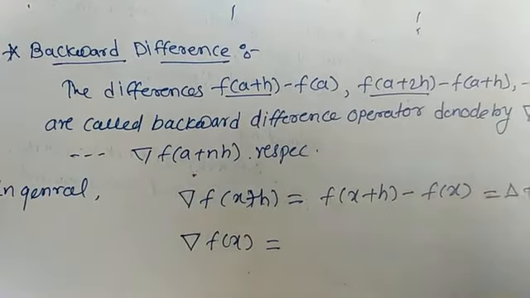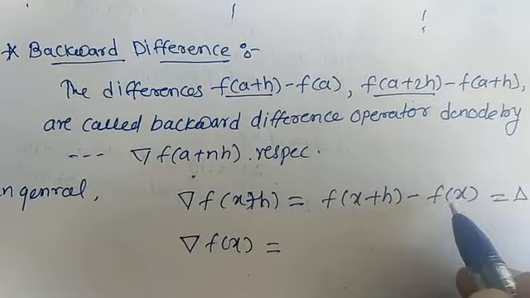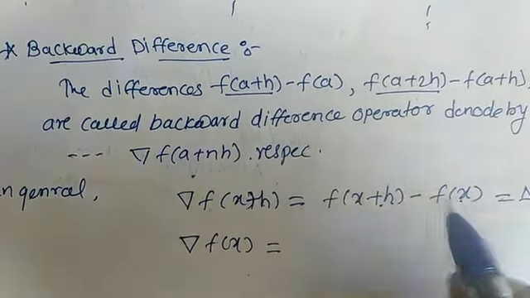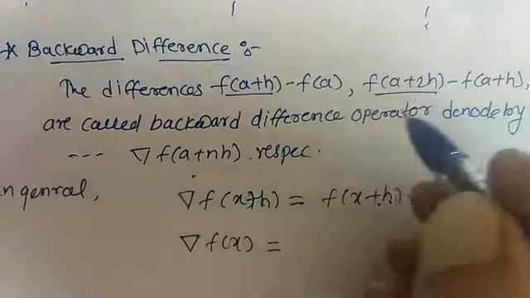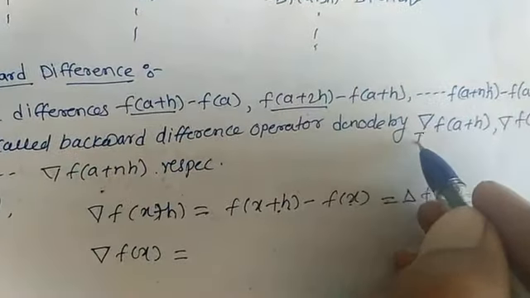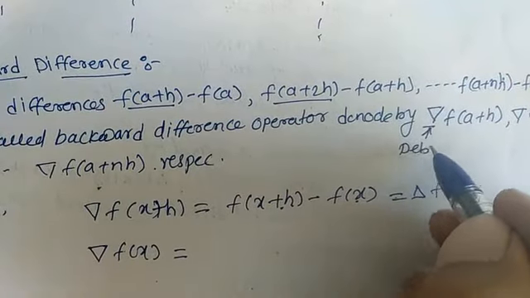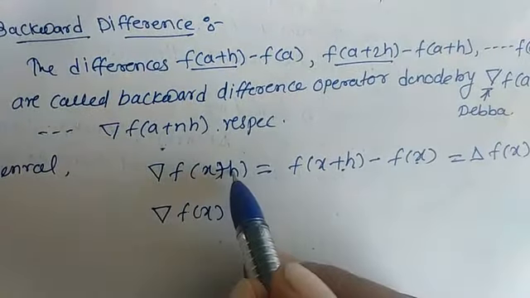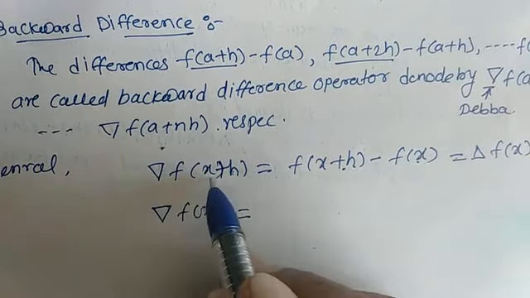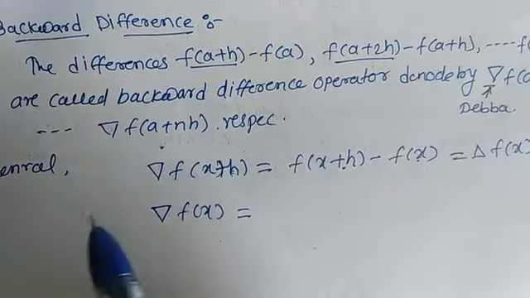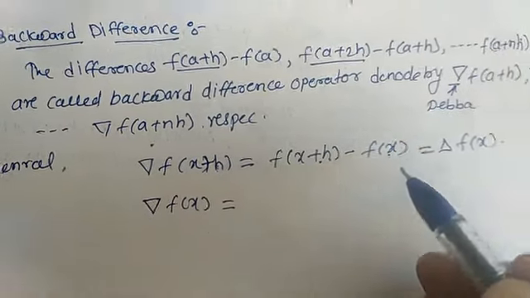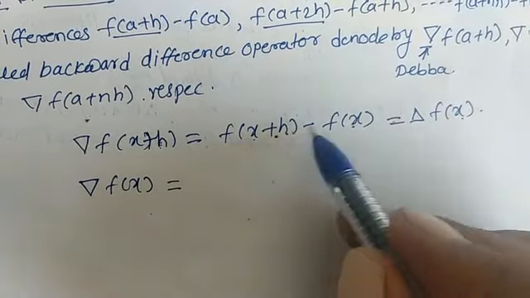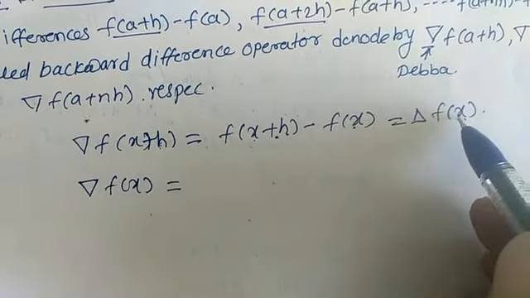Here in del f of x we have to subtract f of x from f of x plus h, and in nabla the notation is different. So here nabla f of x plus h is equal to, we have to subtract the function f of x plus h from its previous f of x, okay, and in del f of x we are subtracting f of x plus h from itself.